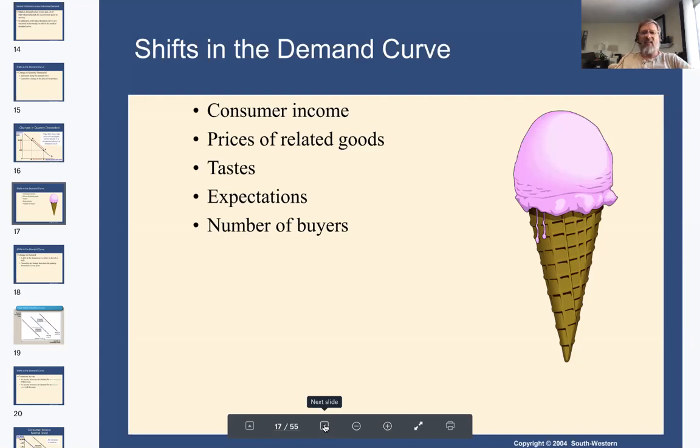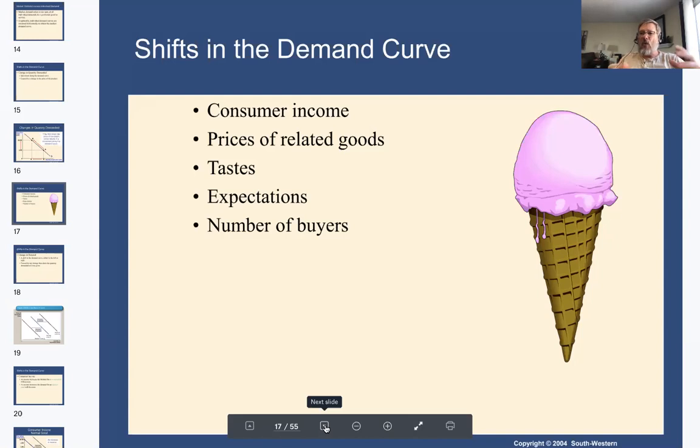And the last one, really, we don't talk about a whole lot, but it's the number of buyers and the number of sellers in the market. So you can have things particularly related to technology. You guys probably know that if you buy stuff on Amazon or Alibaba or some other site, there's a big potential market out there because the internet can reach so many different consumers.